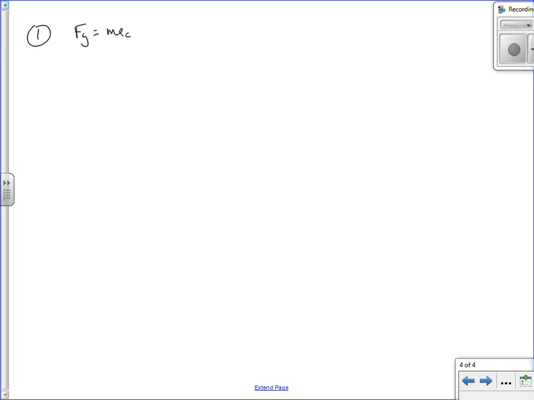This is G, mass of the satellite, mass of the planet, over R squared, is mass of the satellite, V squared over R. Sorry, I should have this as just plain old R. So V is that. Okay?